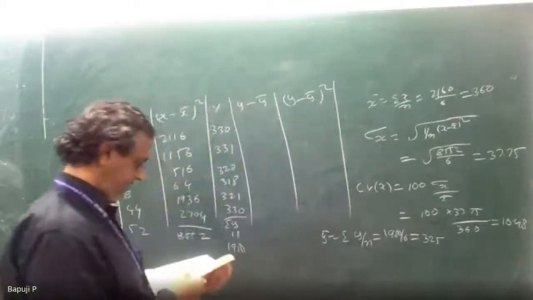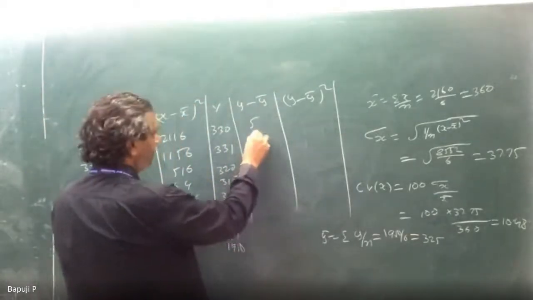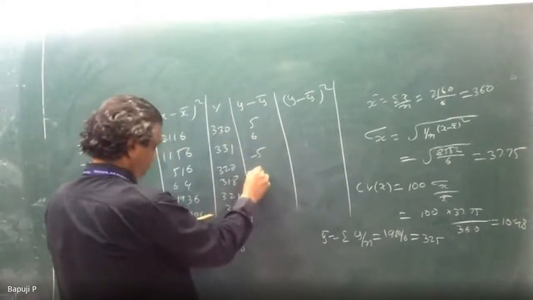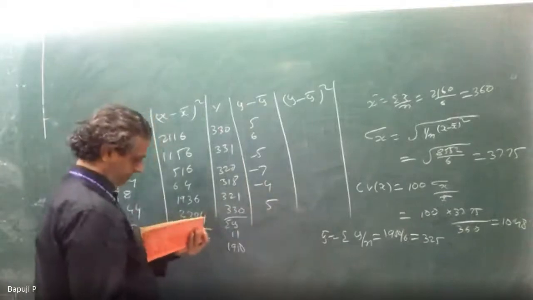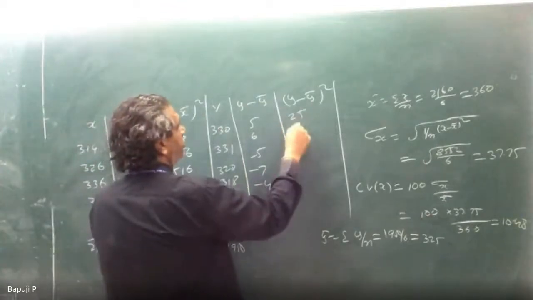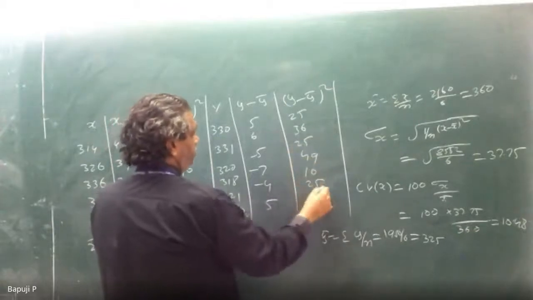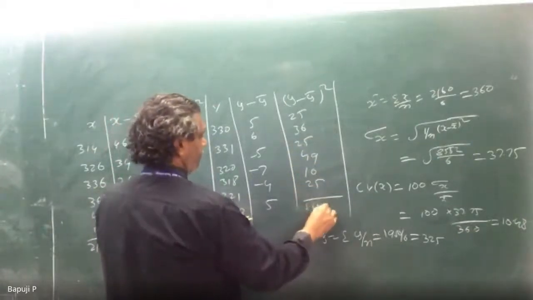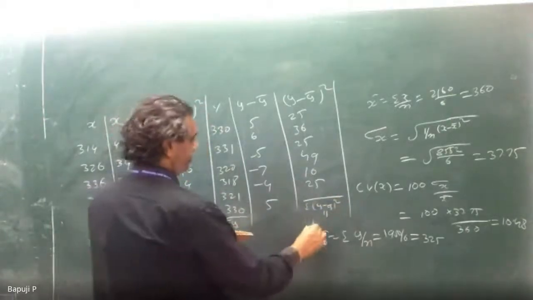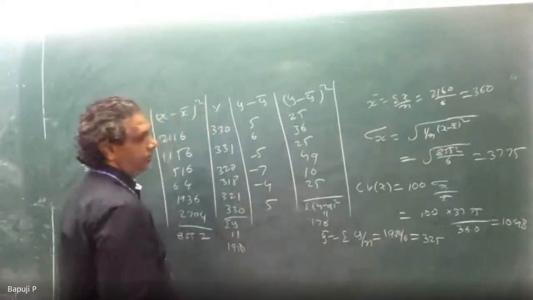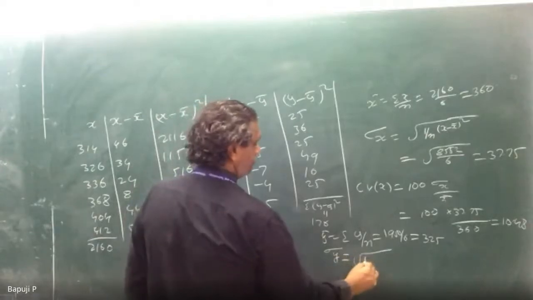Now find the y minus y bar values: 5, 6, minus 5, minus 7, minus 4, 5. Then find y minus y bar whole square: 25, 36, 25, 49, 16, 25. The sum is 176.